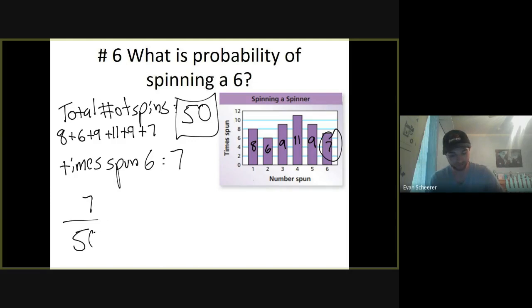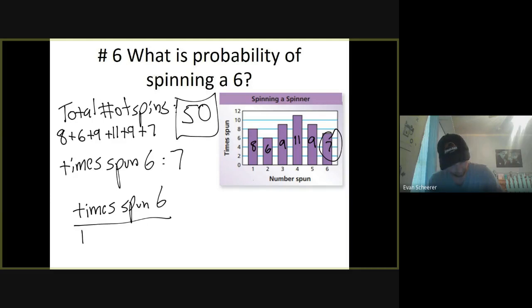Here, let me write that differently. I'll first write it down like this. Times spun 6 over total spins. Therefore, the times we spun a 6, there are 7 times that we spun a 6.